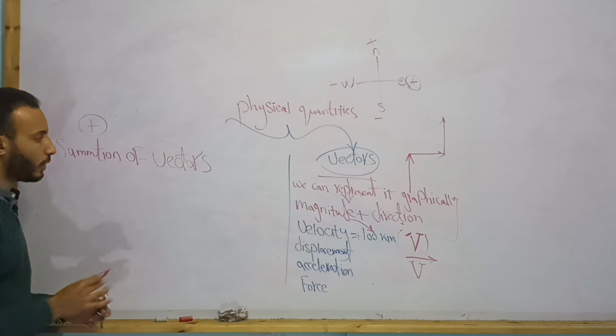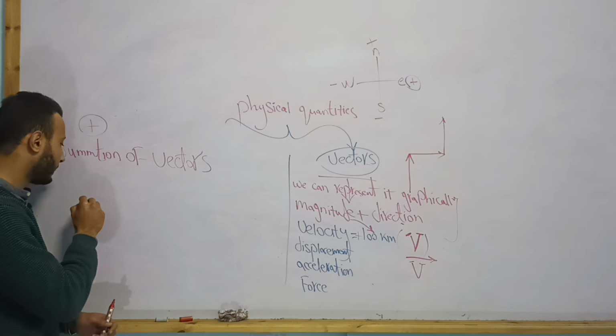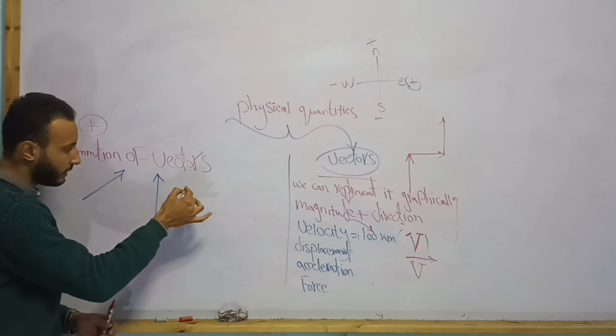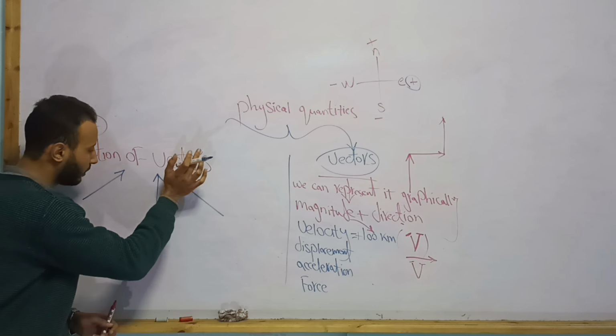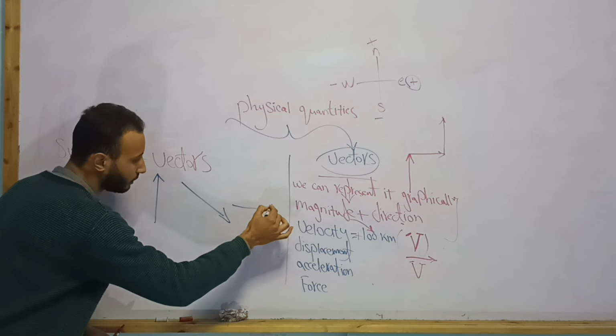Summation, adding, okay? So, if you have three vectors like this is the first one, and this second one, and this third one. Okay, this third one, no problem. And this is the last one.